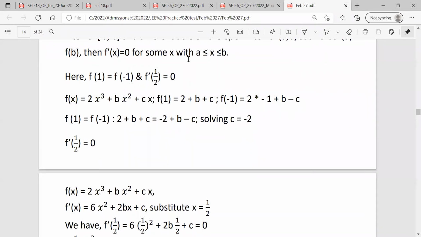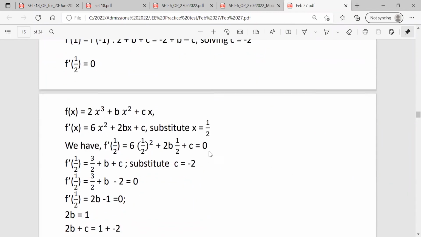Now the next criterion given is f dash of 1/2 is equal to 0. We have f of x as 2x cubed plus bx squared plus cx, and we have to find f dash of x. So f dash of x is 6x squared plus 2bx plus c.